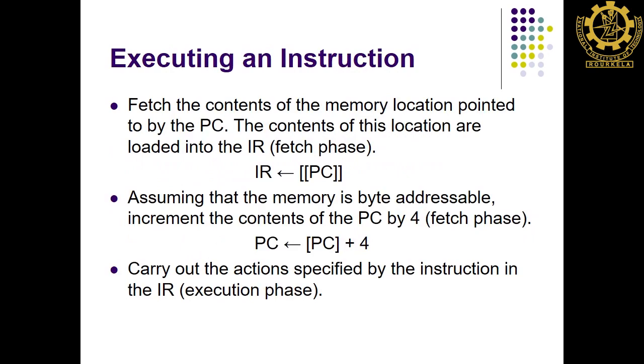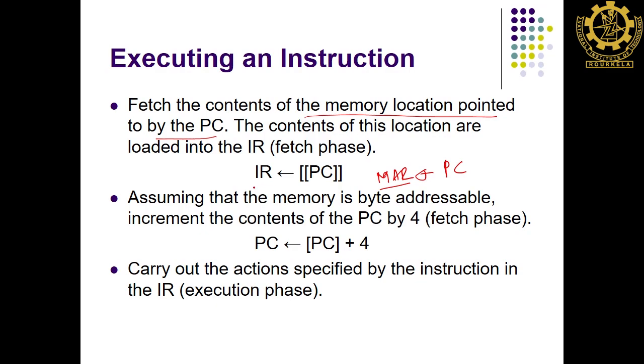So, while executing a program, how do things go? First, fetch the content of the memory location pointed to by the program counter. Whatever value is in the program counter, the PC value will be loaded to the MAR, the memory address register, and after that whatever value is in that particular location will be transferred to the IR.